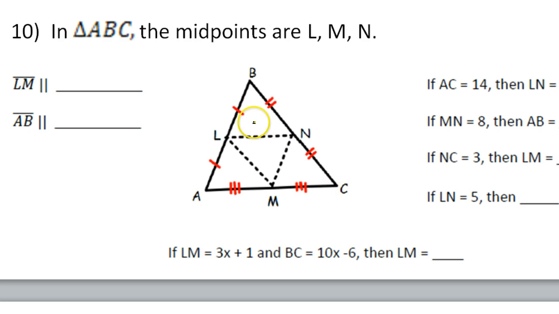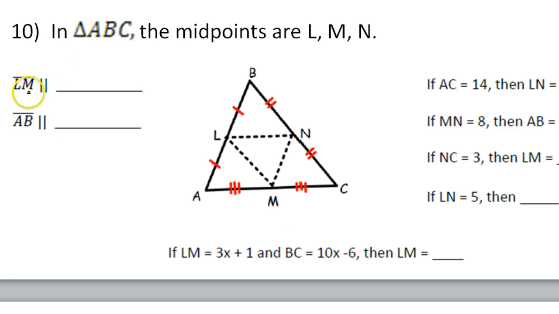So for example, if LN was 5, then AC would be 10, for example, and these would be parallel to each other. Alright, I'm just making up numbers, but that's the idea.